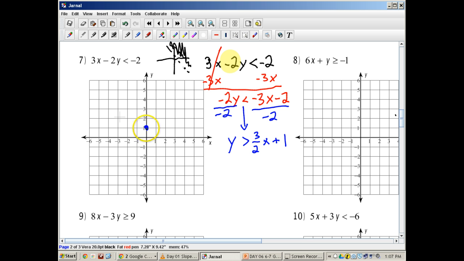Start at +1, go up 3 and right 2. You can also go down 3 and left 2. Notice how it's on the same line. Down 3, left 2. Be careful though, make sure you use a dashed line.